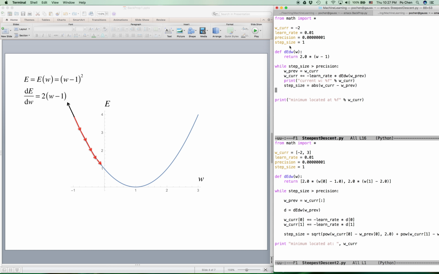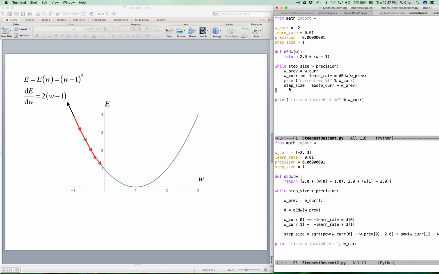I was saying that the step size is used to store the differences between the two successive W numbers. The step size equals the absolute value of the current W value subtract the previous W value, and the previous W value is assigned here. It's a record that we have stored before we change to the current W value.